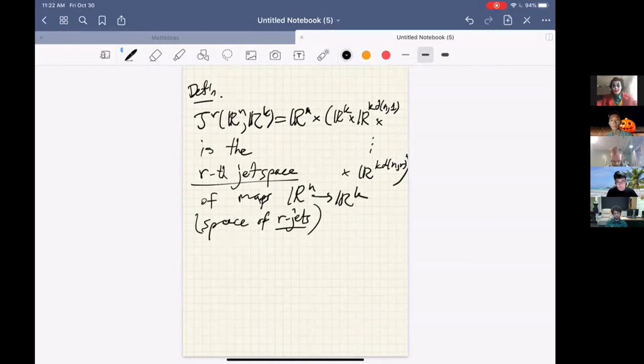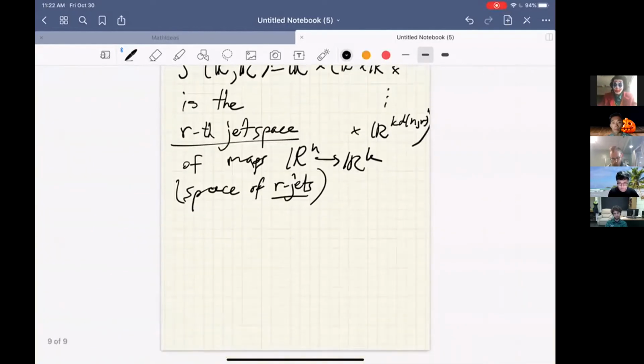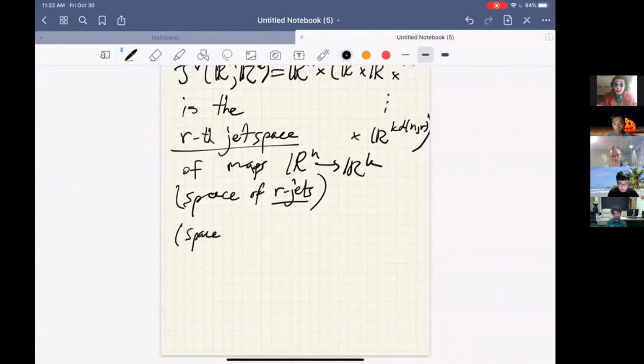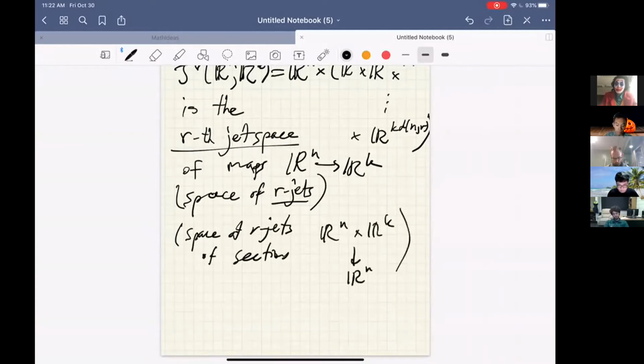And remember, if you have a function, it gives you a section, and vice versa locally. So this is also the space of r-jets of sections of the bundle R^n cross R^k over R^n. Remember, a section of this bundle is like a map from R^n to R^k, the fiber.